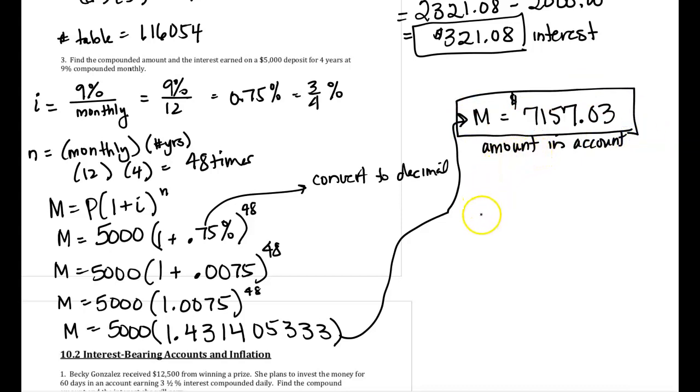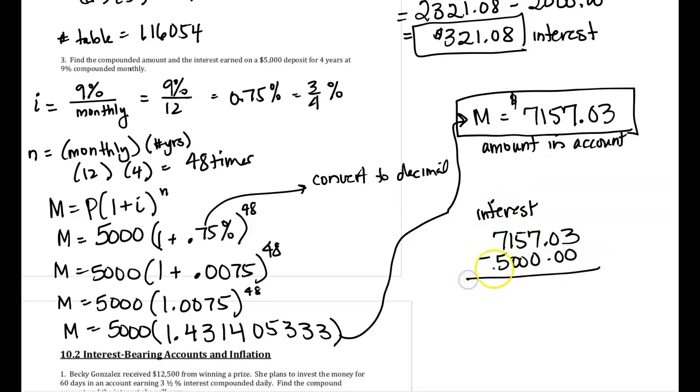To find just the interest, so we needed to find the compound amount, did that. To find the interest, we're going to compare the amount in the account and how much was deposited. And the amount above and beyond what was deposited is the interest.